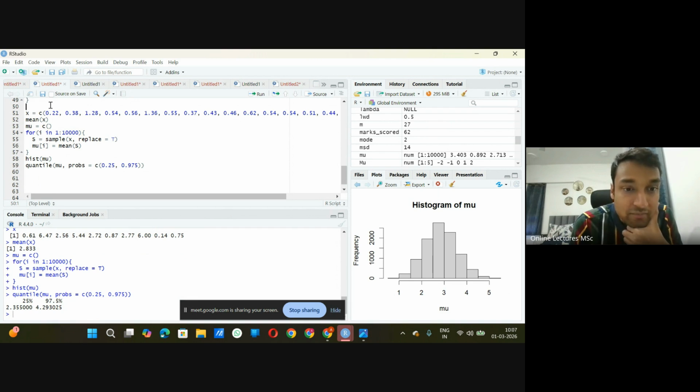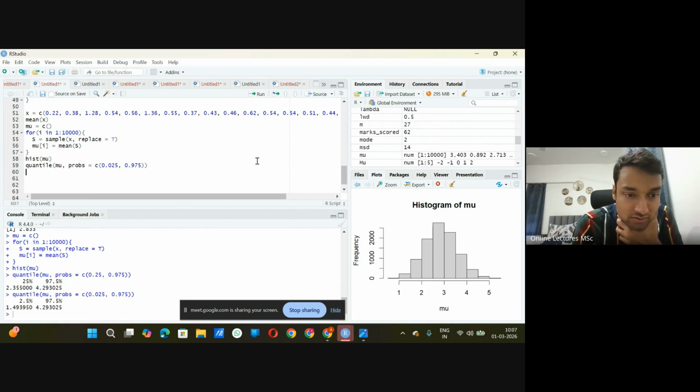Madam, you took 0.25; 0.025 is the range in the quantiles. In the 59th line, probs is 0.025, right? The upper end is still right, but I think you still will not get the answer. Just run line number 59. I think there still seems to be some issue. Okay, this is still not working though.